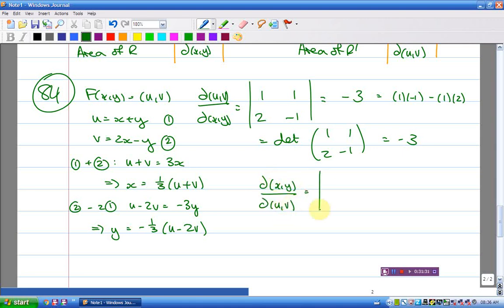So determinant of, let's have a look. 1/3, 1/3, minus 1/3, 2/3. Where's my error? Somewhere there's an error. Is that actually a minus? 1 plus 2. Somewhere I've made an error. Where's my error?